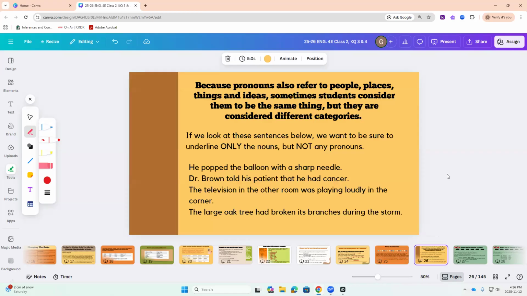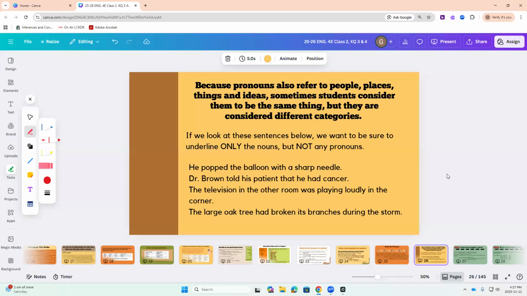Now, because a pronoun is often referring to a person, place, or thing, sometimes people will think, oh, well, they count as a noun, but they aren't. In English, they're considered a different category. So for the assignment, do not underline any pronouns, just the nouns.